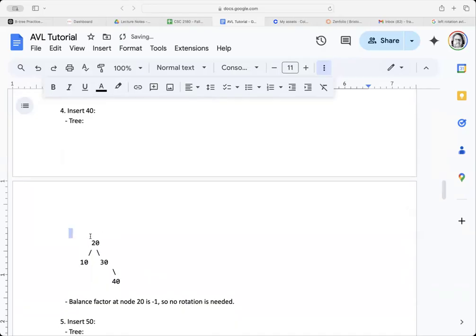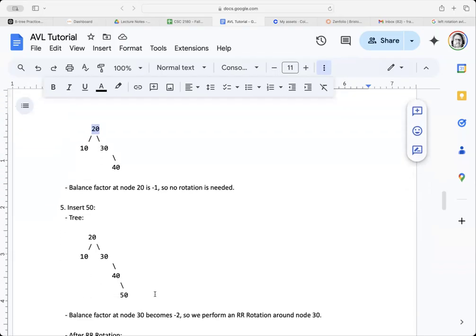We start here on our insertion. 40 is bigger than that, so we go to there. 40 is bigger than 30, so it goes here. Now the node we just added is this node. At 30, it's going to be 0 minus 1, or negative 1. That's fine. We go back to 20. 20 is going to be a 1 minus 2, or negative 1, and that's fine too. So we don't need a rotation.